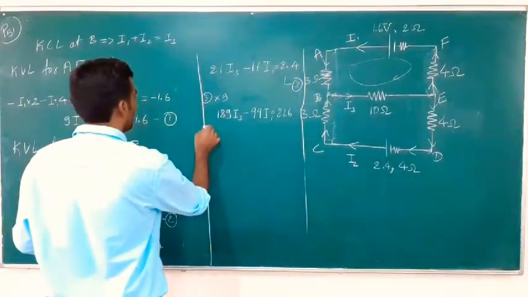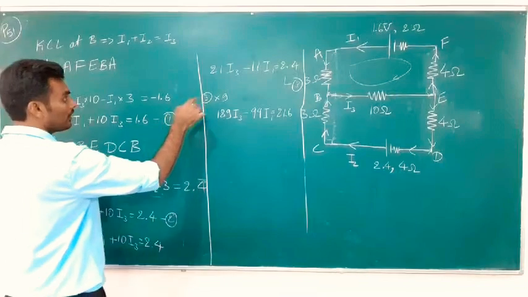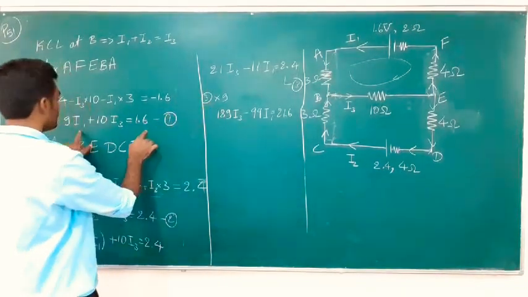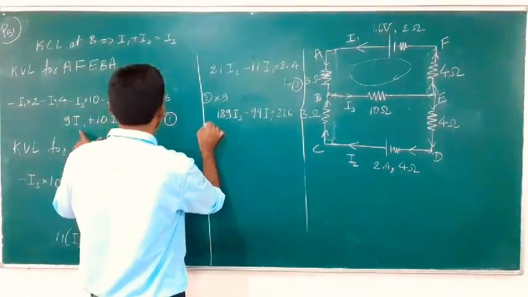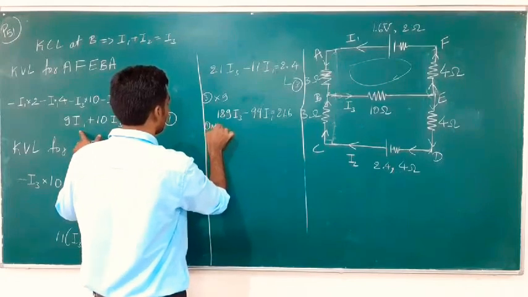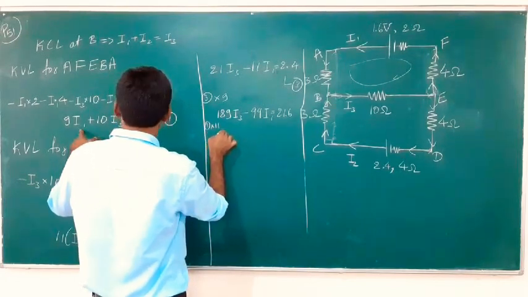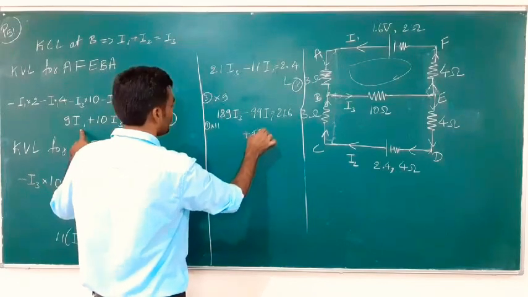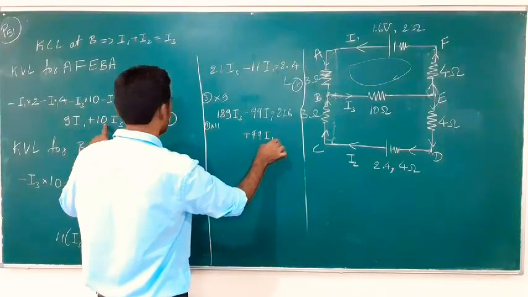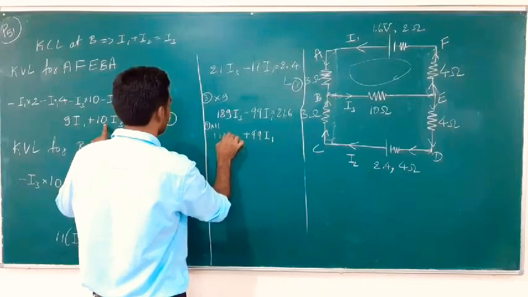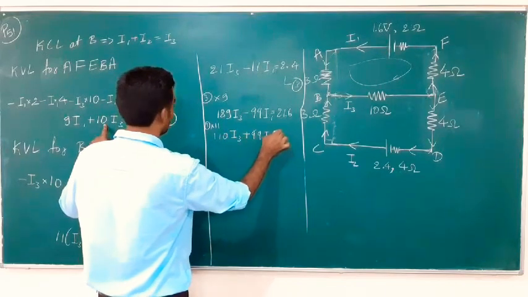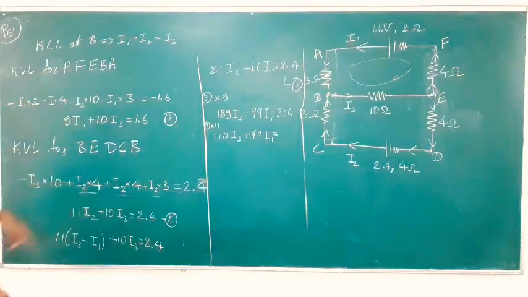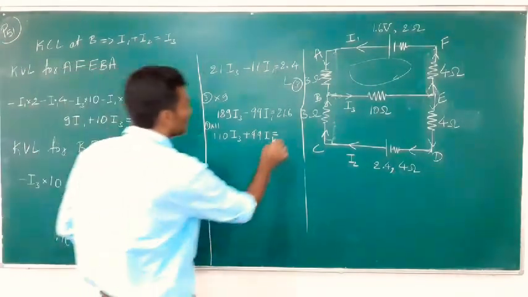Okay, and I'll multiply this equation by 11. Okay, so equation 1 into 11 will give me again plus 99 I1, 110 I3 is equal to 1.6 into 11 is 17.6.